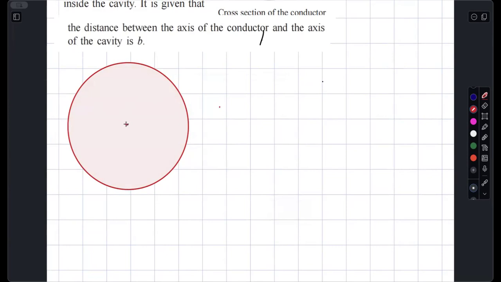And here lies center C. So this plus cavity. Suppose we are seeing an inward current throughout this conductor, you have an outward current of the same current density.